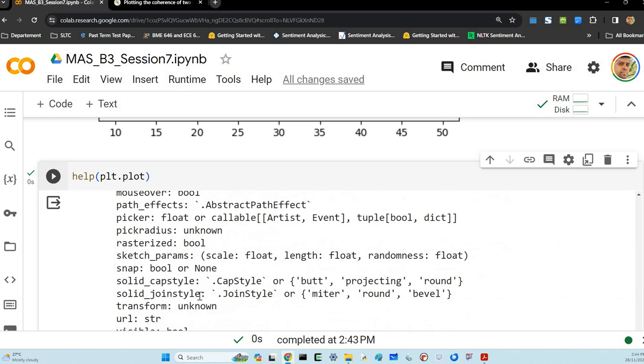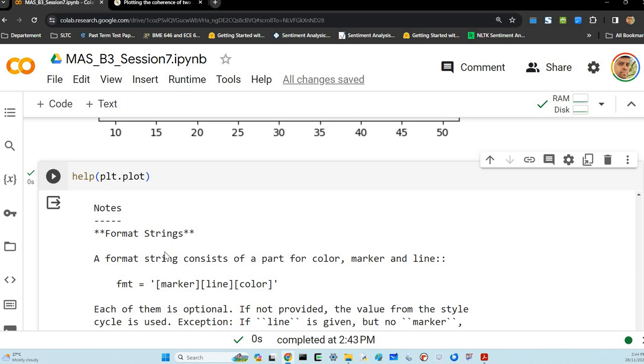So if you go down, this is called formatting string, that is FMT. It says you have a marker, line, and colors. So which means you can change the marker, like whether you are going to have circles or triangles.